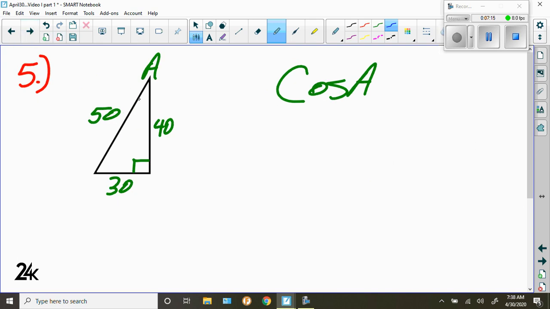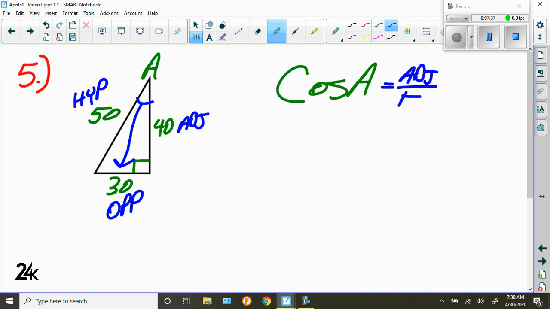Number 5. Find the cosine of angle A. Here's A, draw an arc, draw an arrow. That's opposite. There's the box. That's hypotenuse. And that means the 40 is the ADJ. Cosine is adjacent over hypotenuse.